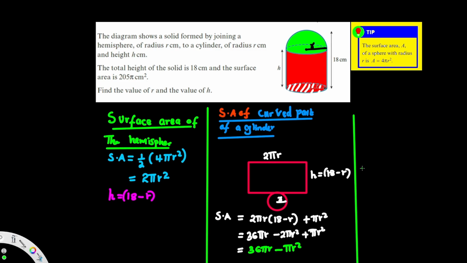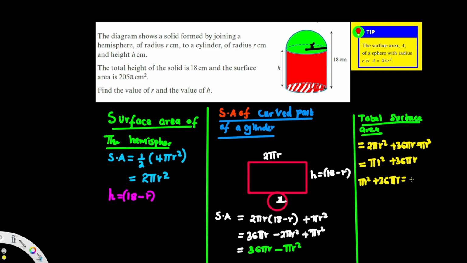The total surface area is going to be given by pi r squared plus 36 pi r equals 205 pi. Then we can divide all through by pi so that pi cancels out, and we shall remain with r squared plus 36r equals 205.